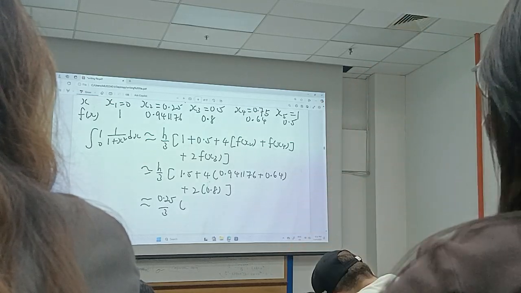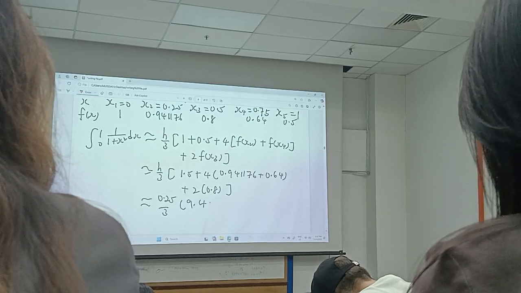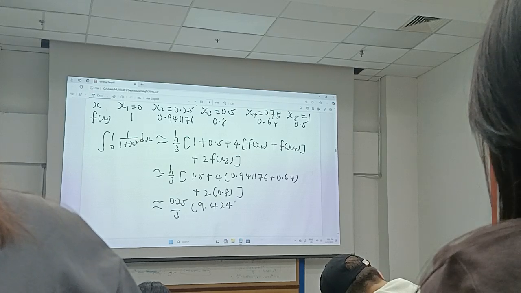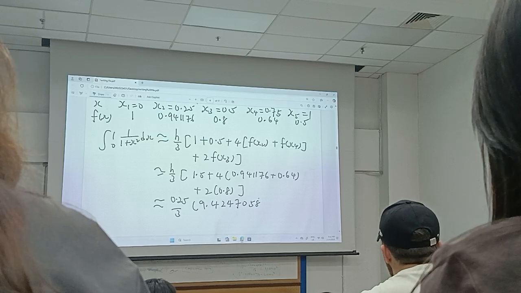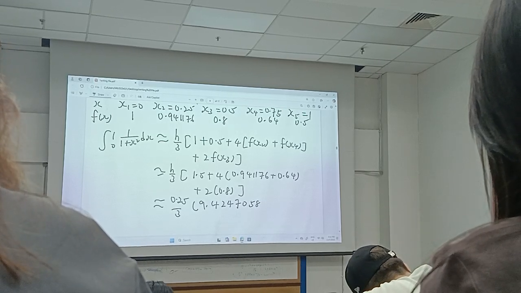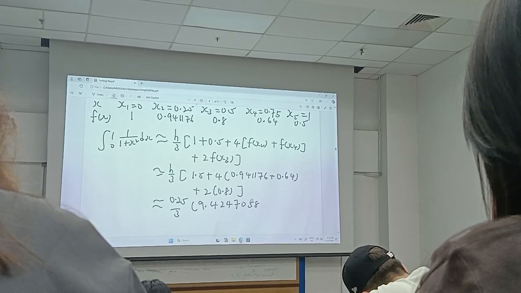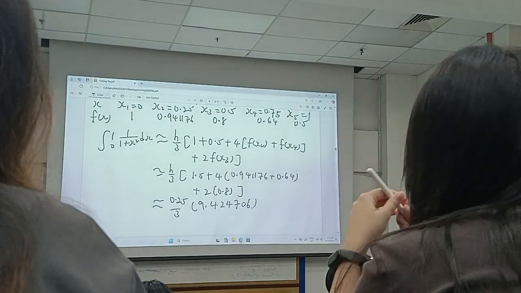And for this part, press calculator, you will get 9.424705. Wait, how come there are so many? 1, 2, 3, 4, 6. Okay.